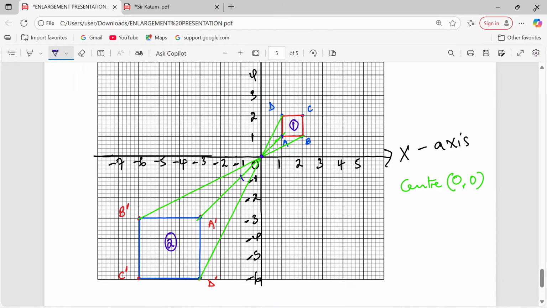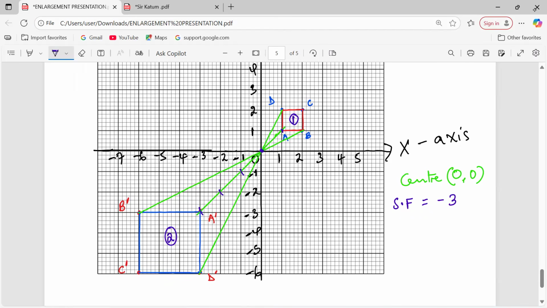So 1, 2, 3. It's fitting 3 times. Therefore, the scale factor is -3. You start with a negative because of the positioning of image and object. Opposite sides of the center, meaning that the scale factor is negative.